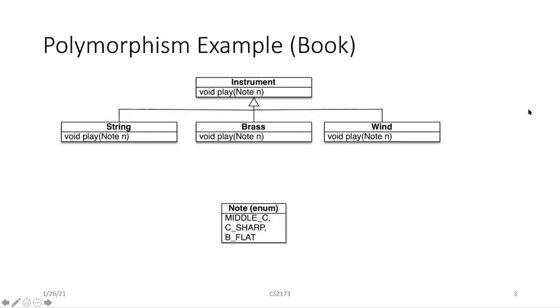Okay, so the book has an interesting example in this, and it's worth looking at how the book does it. I'm going to do a similar example involving instruments, just because I think that it's a little more concrete.